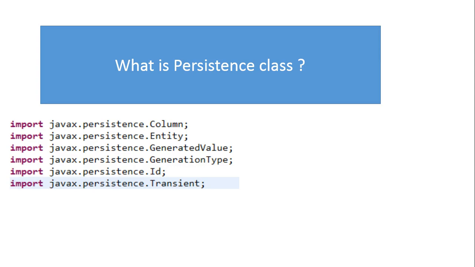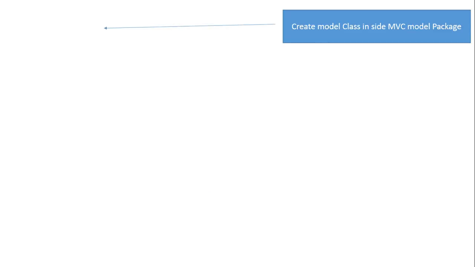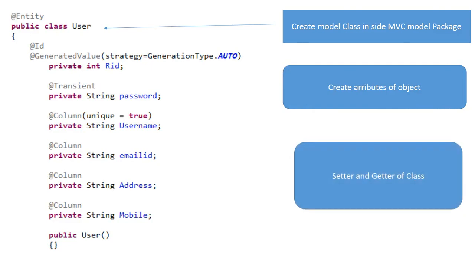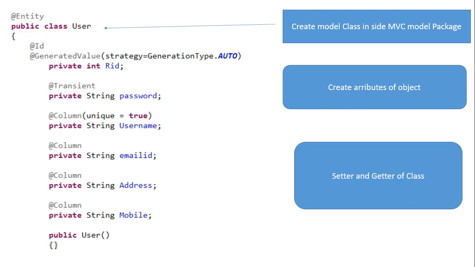What is annotation? You already know about annotation from when you use servlet files. It is not an XML file, it is just annotation based. So I will explain further. I have created a model class in the model package where I have written @Entity for the annotation purpose.